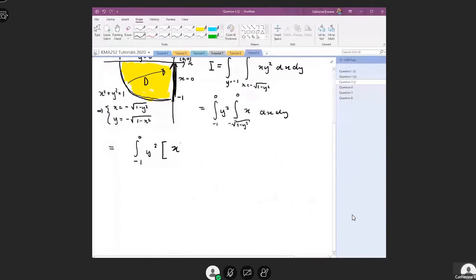So I get x squared on 2, but I decided to take the factor of half out the front. So I get y squared by 0 minus minus the square root of 1 minus y squared, all squared, dy.